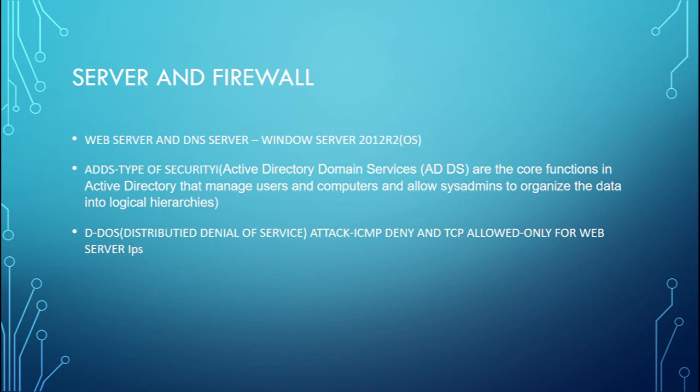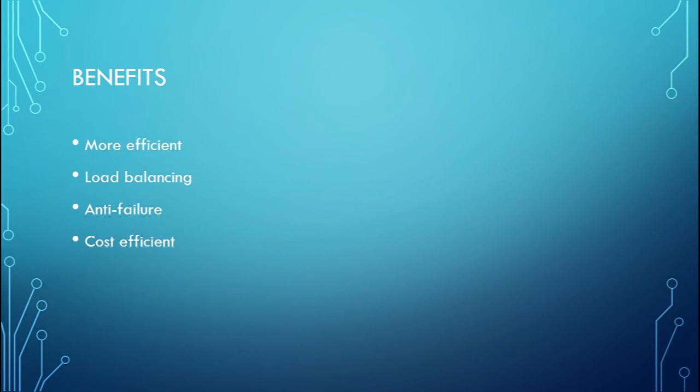We have used protection against DDoS, that is distributed denial of service attacks. It will deny the ICMP attack and only allow TCP for the web server's IP. Next is ADDS. It is a type of security that we have used in the project.